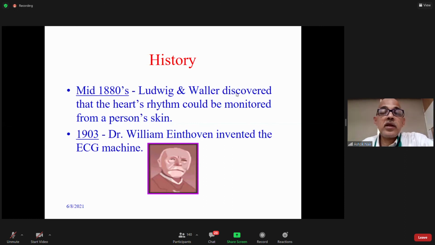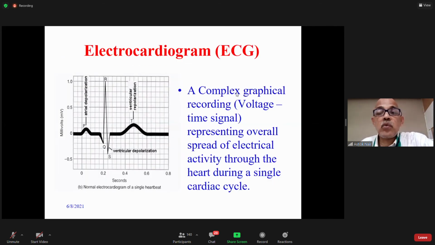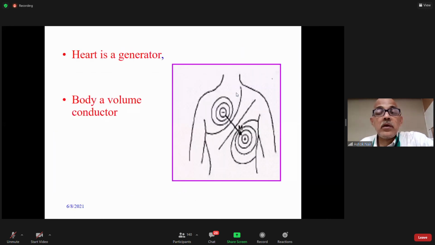And then we have also seen briefly the ECG. We looked only at the outer view, the normal ECG waves and intervals.